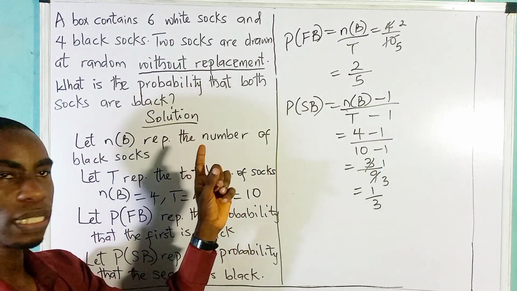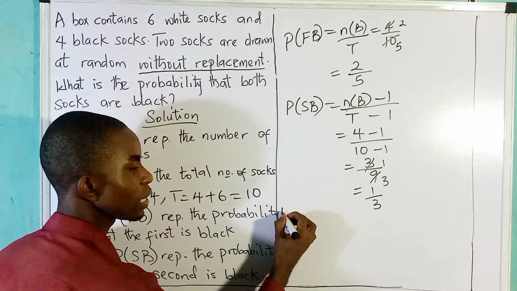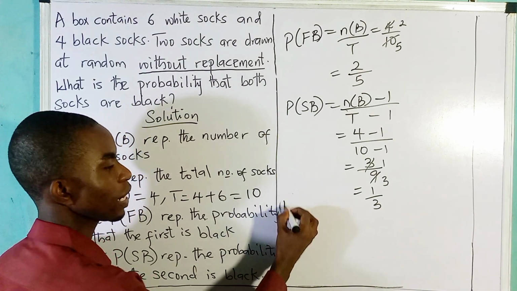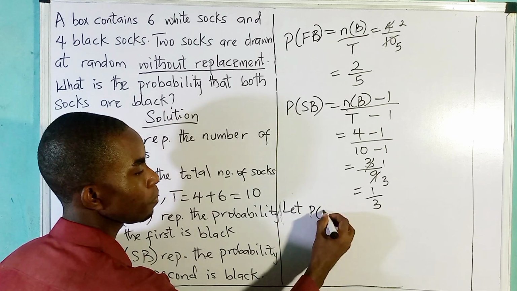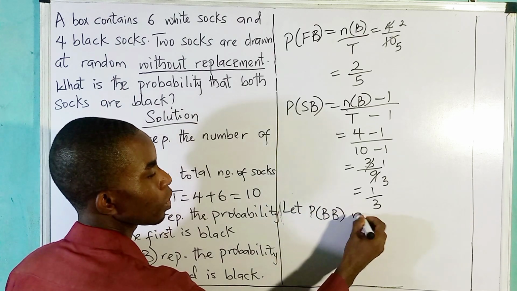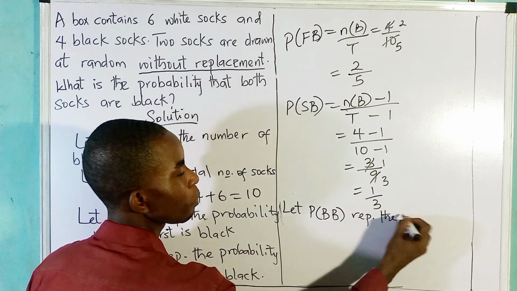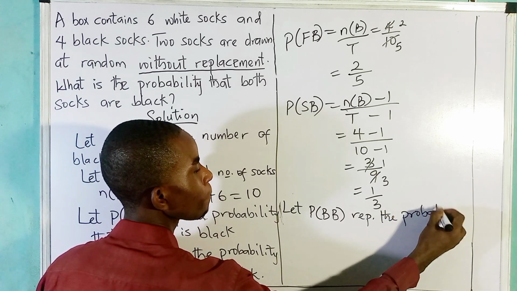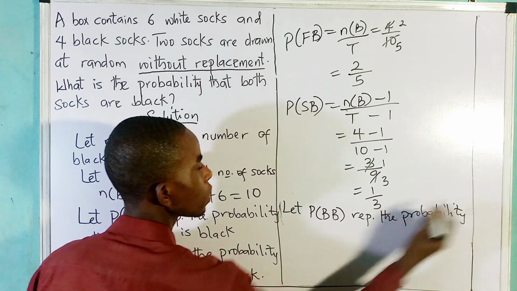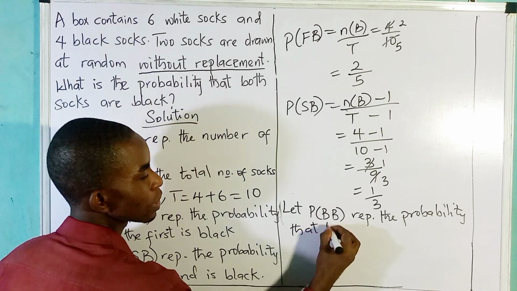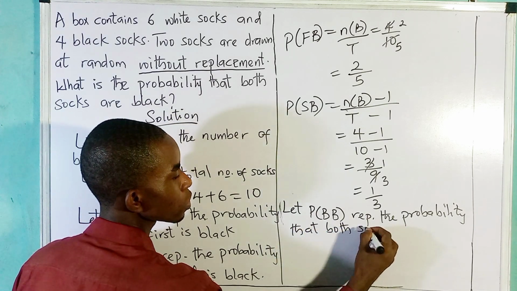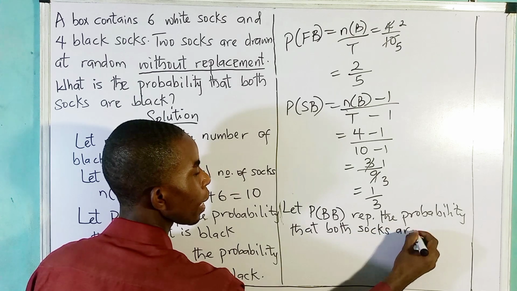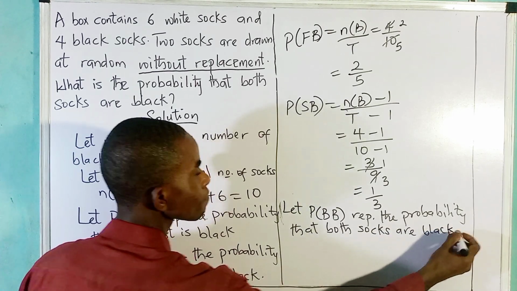Both: first, second. So we also define, let PBB represent the probability that both socks are black.